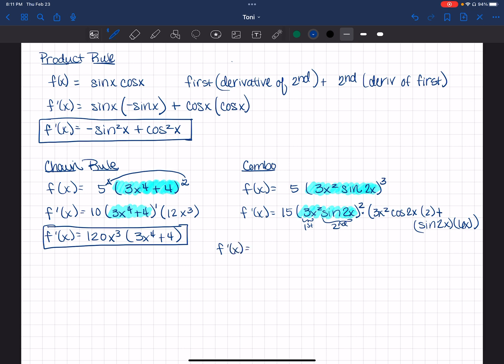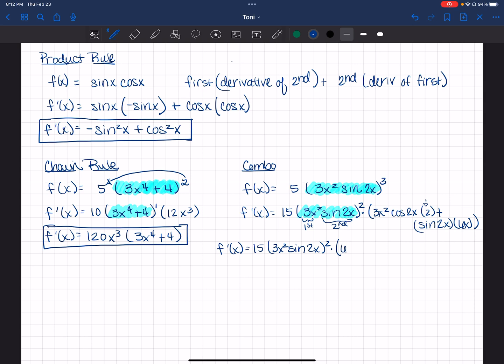Okay, let's see if I can write this a little neater. So that's f prime of x equals, this little part right here is just fine. That's 15, 3x squared sine 2x, all of that squared, times this whole chunk right here. Now, I told you this 2 right here doesn't go with that cosine 2x. It can go up to the front. It's like saying 3x squared times 2 times 2.